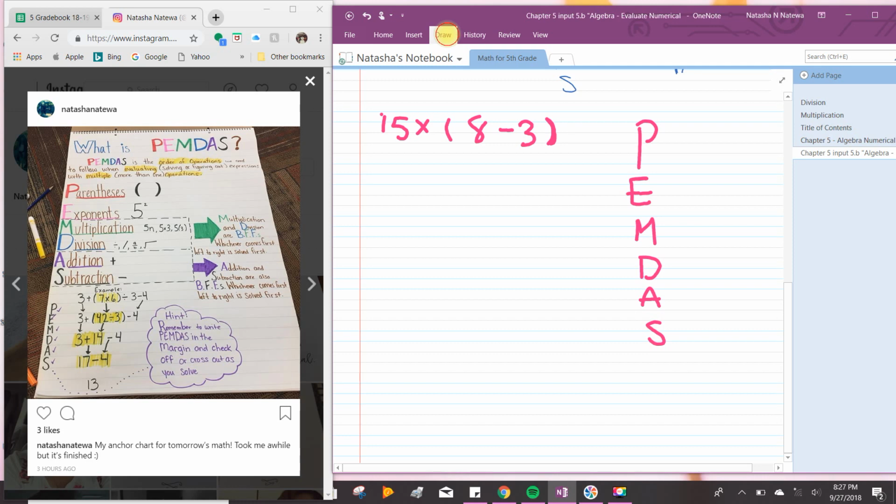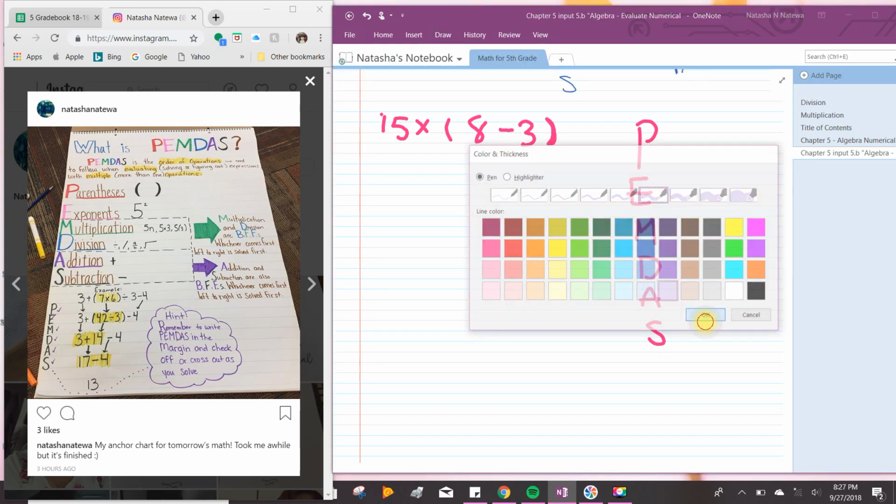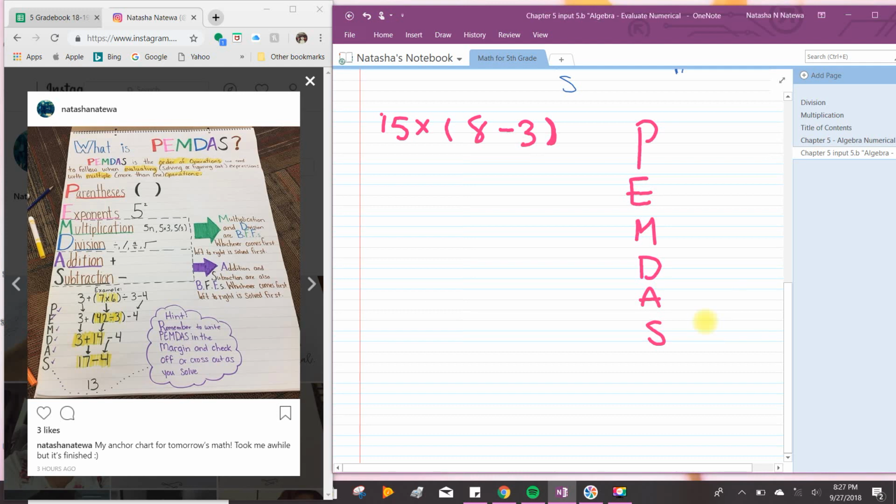Alright. Let's change the color to lavender. Alright. So first, let's look at our numerical expression here. What do we notice? We notice some parentheses. That means we're going to start with parentheses. So put a check next to parentheses. What is 8 minus 3? Did you get it? It is 5.